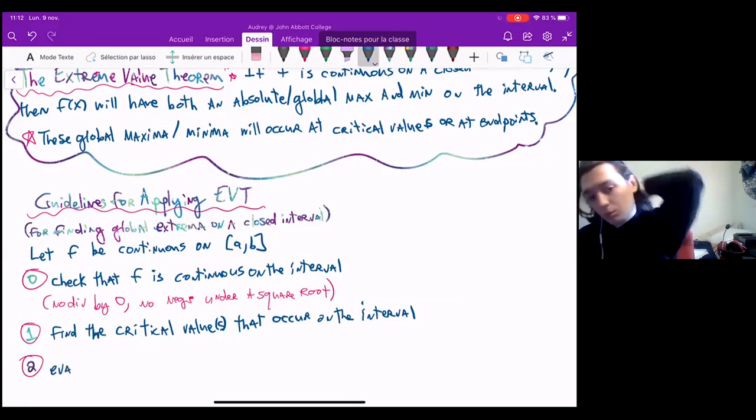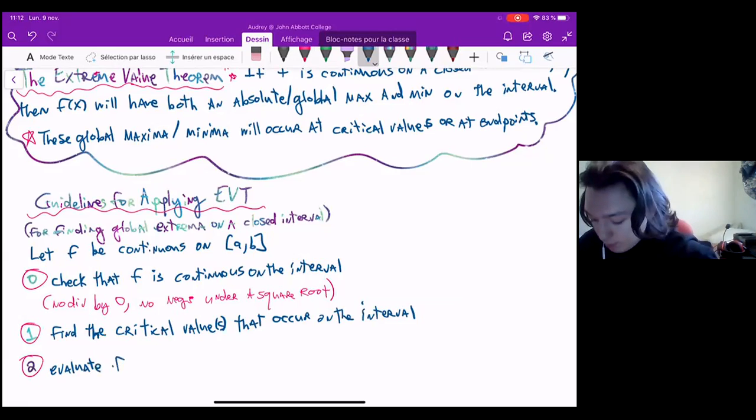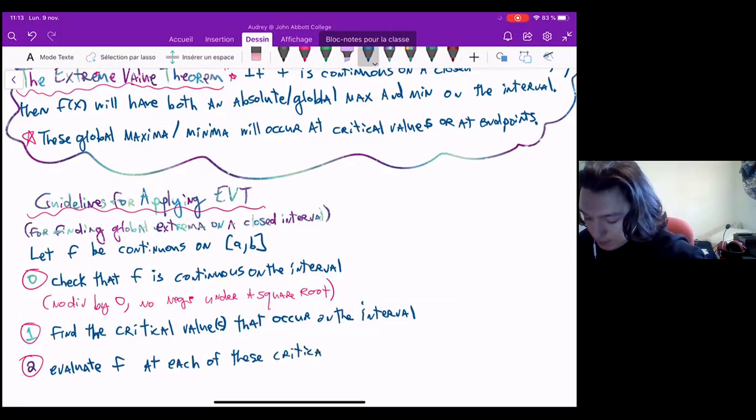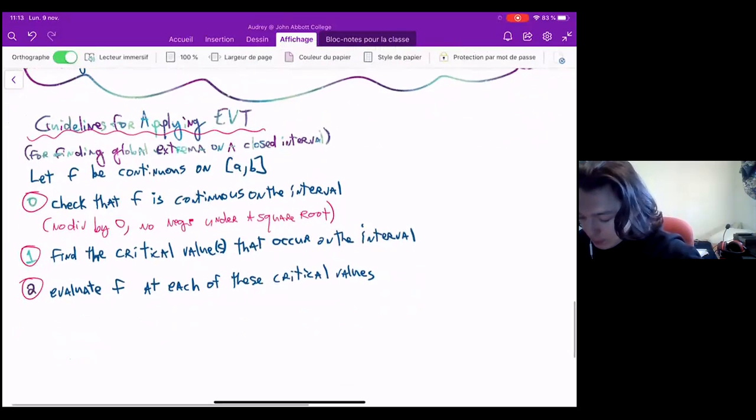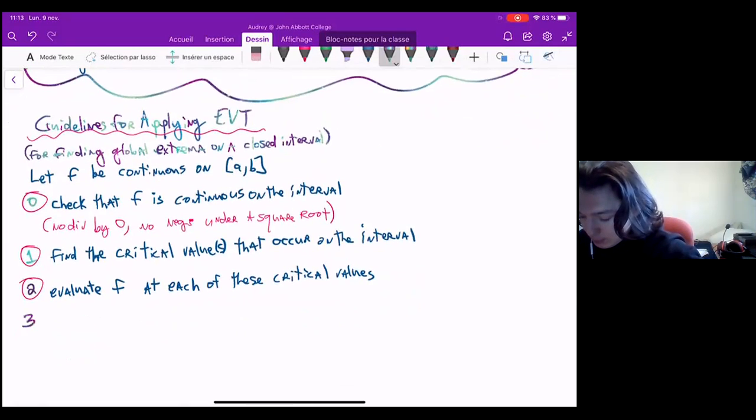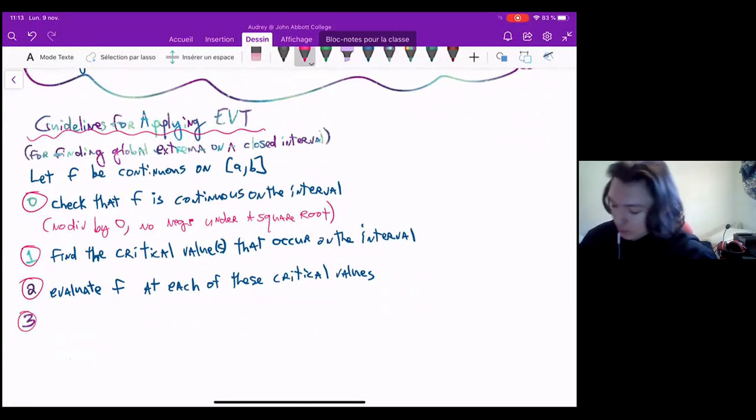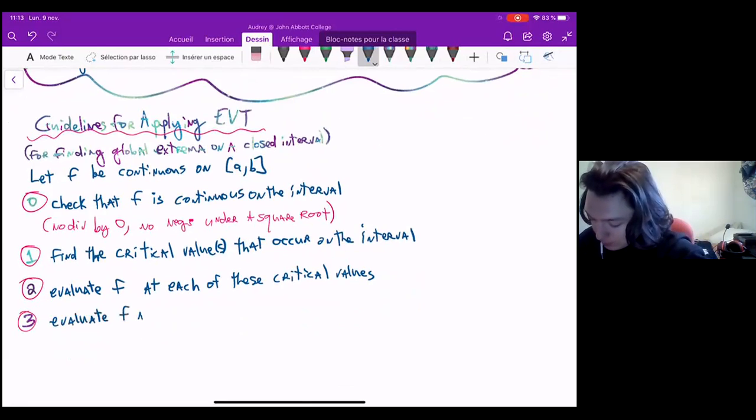So we're going to evaluate f at each of these critical values. And then we're going to evaluate f at the endpoints, because I know that those are the only places where my global max and global min can occur.